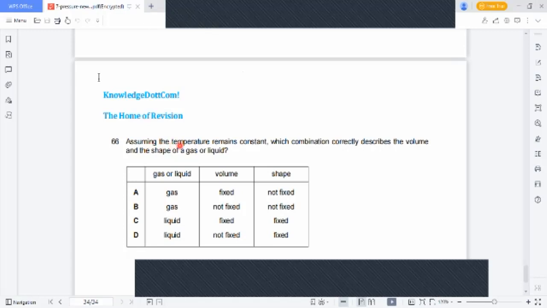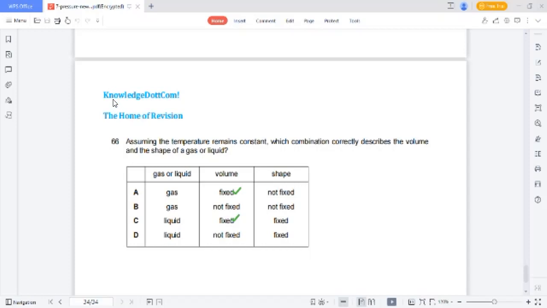Assuming the temperature remains constant, which combination correctly describes the volume and shape of the gas? Temperature is fixed. The volume is always fixed, but it is a solid, a liquid or a gas?